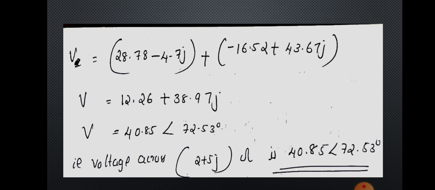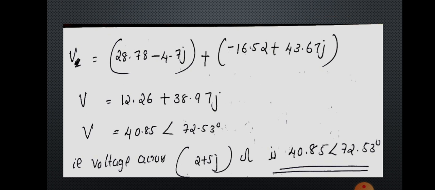Based on the need, you can convert the rectangular form into polar form or polar form into rectangular form. It purely depends on the type of operation. Suppose a division operation is going on, then it is better to convert it into polar form. Then you can simply add or subtract the angle terms based on the multiplication or division operation.